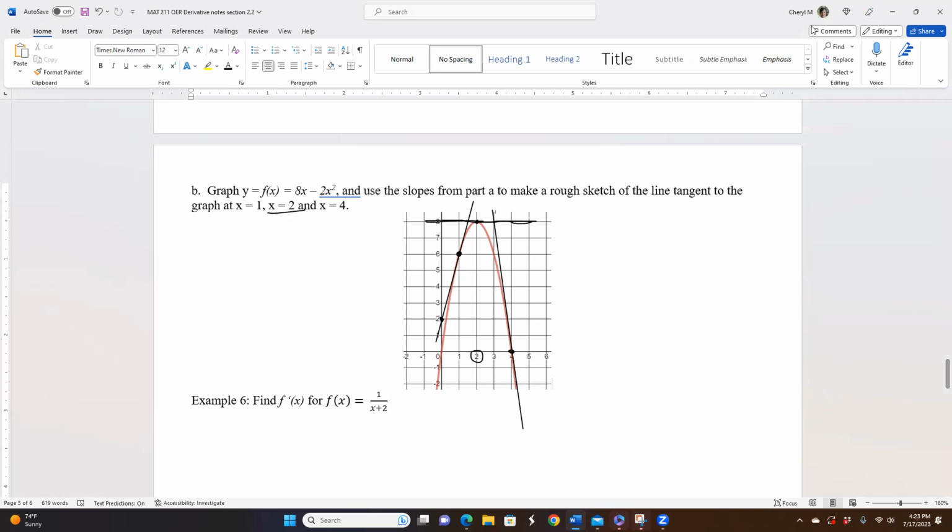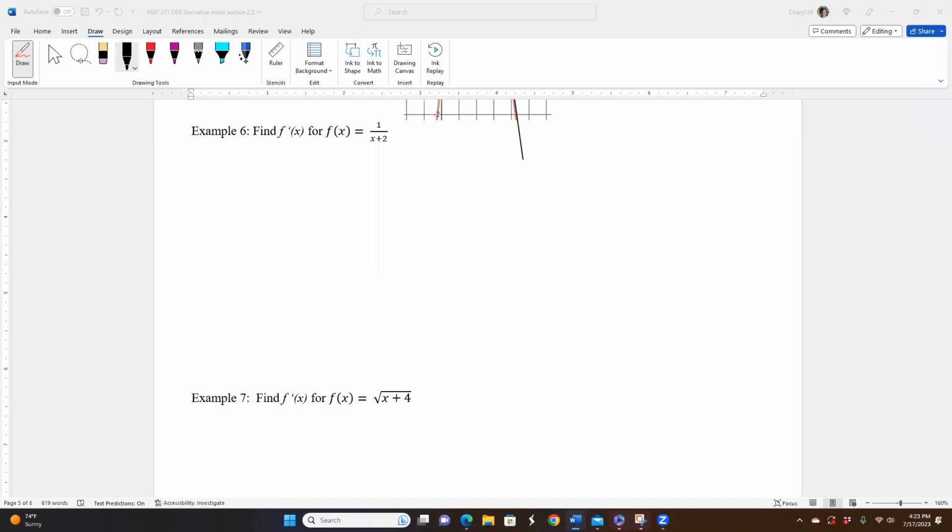Let's try example 6. In example 6, they want us to find the derivative for f of x equals 1 over x plus 2. The definition of derivative is the limit as h approaches 0 of f of x plus h minus f of x over h.